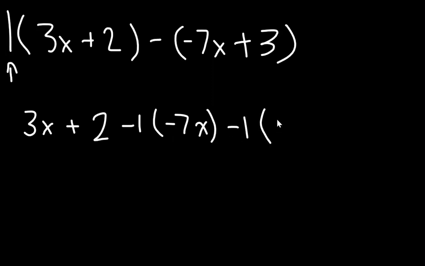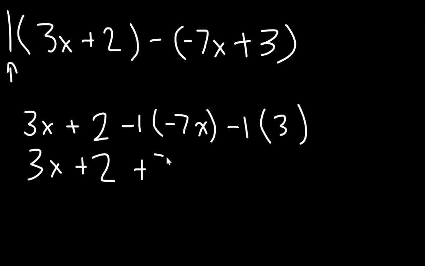Here we need to distribute a negative 1. Right, positive 3x plus 2, never mind. Minus a negative 1 times negative 7x. Two negatives make a positive. So plus 7x. An odd number of negative signs make a negative. So minus 3.